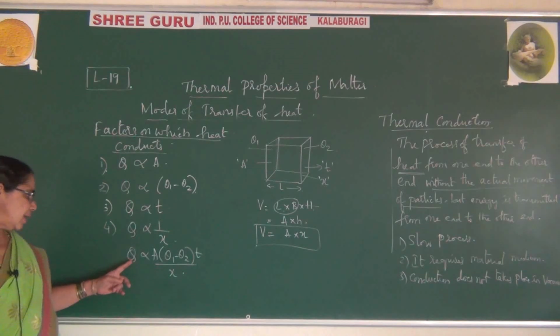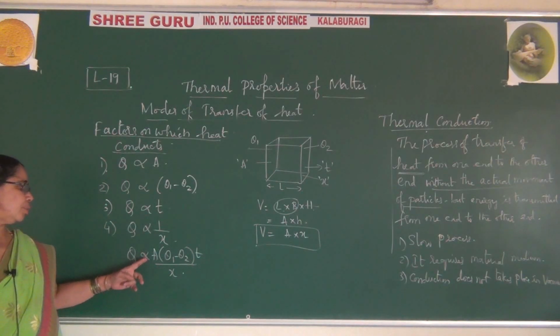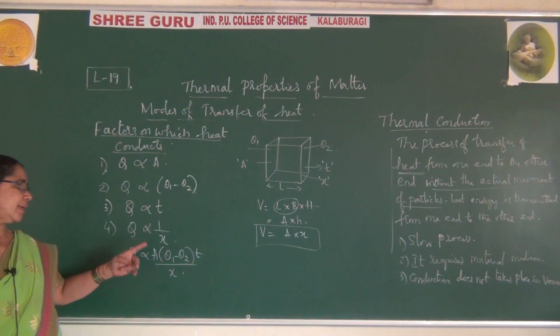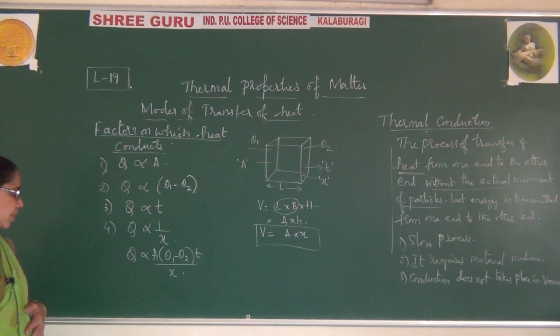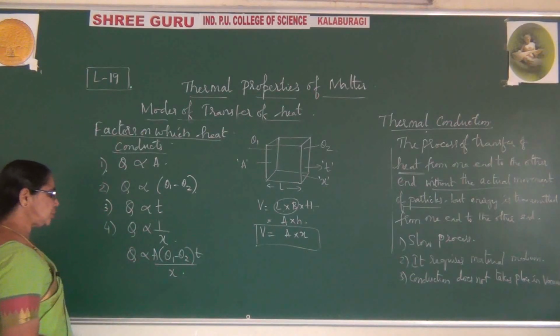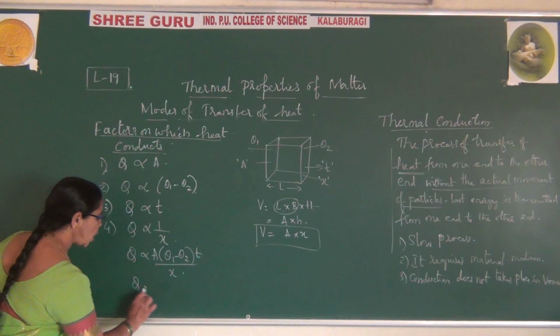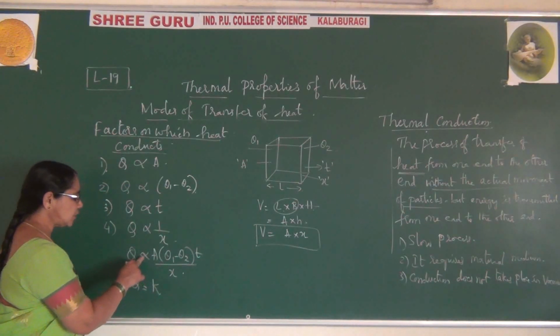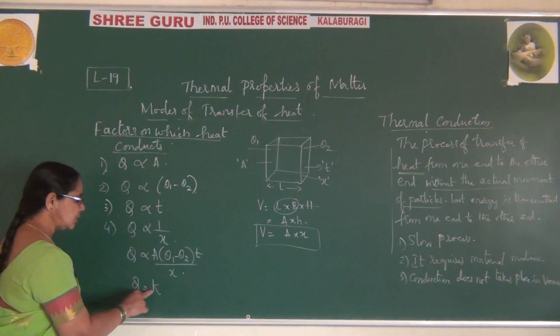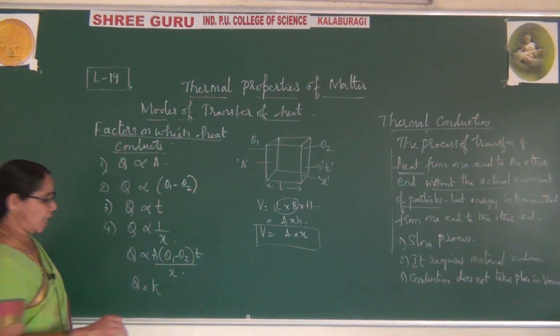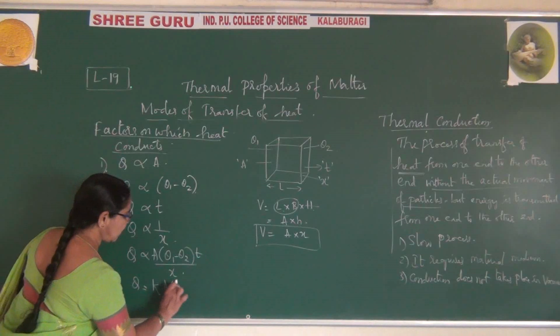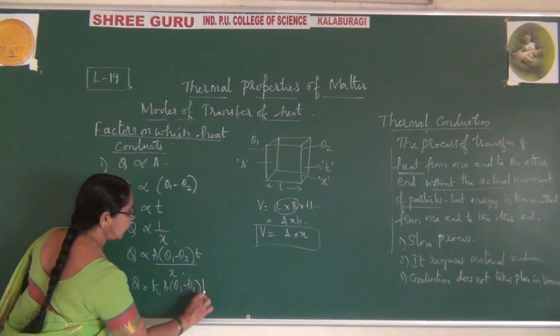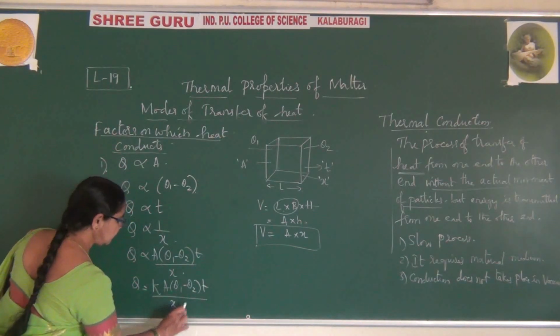So now you have written Q is directly proportional to A theta 1 minus theta 2 into t by x. If I remove this proportionality, then a constant arises, that is k. Q equals k A theta 1 minus theta 2 into t by x.